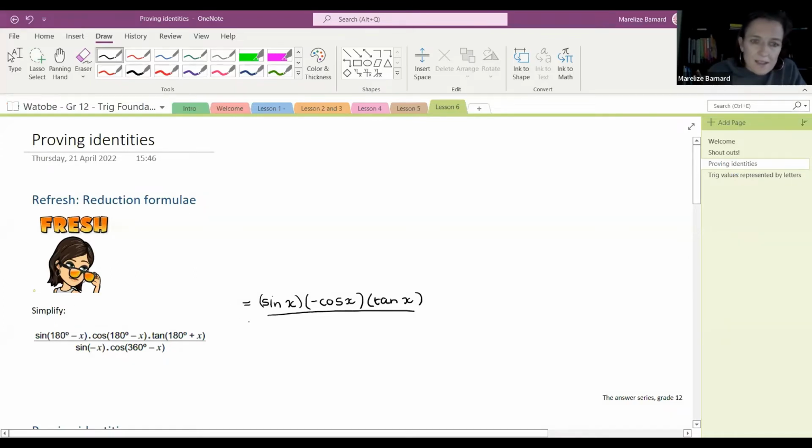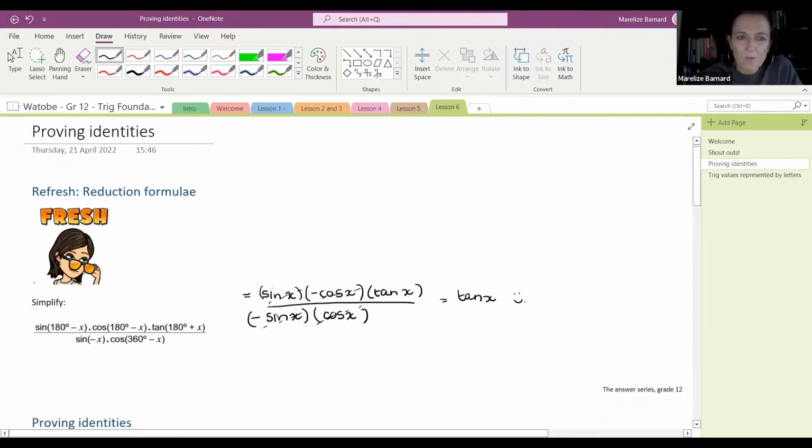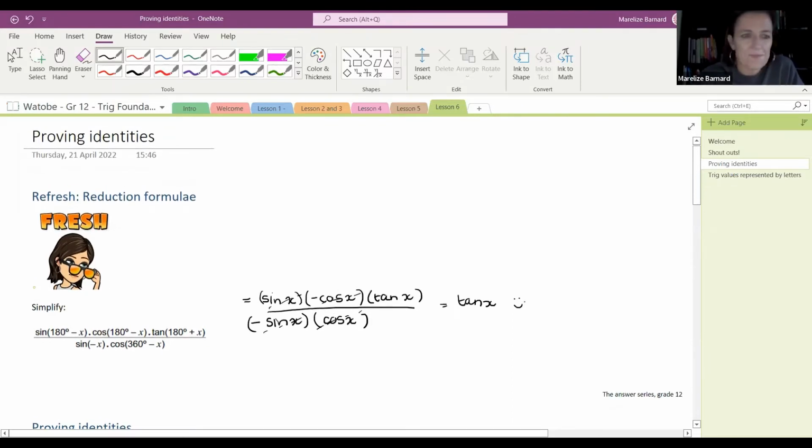Sine of minus x is minus sine x. Remember, sine of a negative angle is negative. And then cos 360 minus x is cos x. And then we're going to cancel that. Those are all going to divide evenly, and we are left with tan x. Well done. I think we've all warmed up and you guys are looking great with your reduction formula.